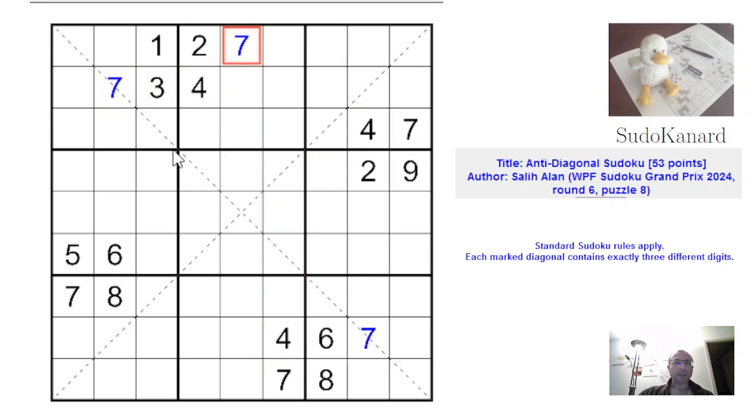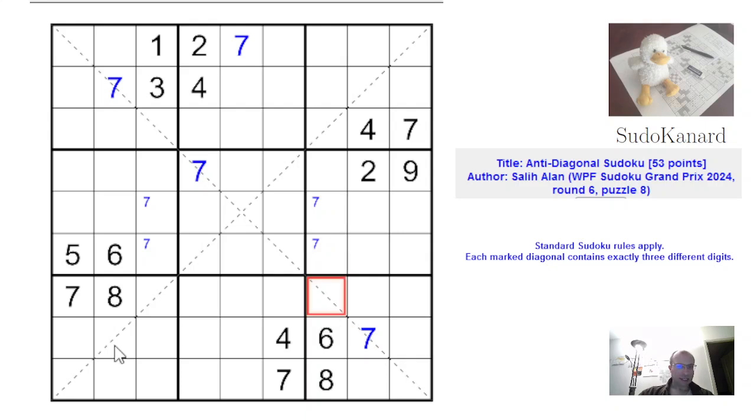And so 7 must be on this part of the diagonal. And seeing this, that's a 7. So there has to be a 7 here, a 7 there. So we won't make any more progress with digit 7 at this point.